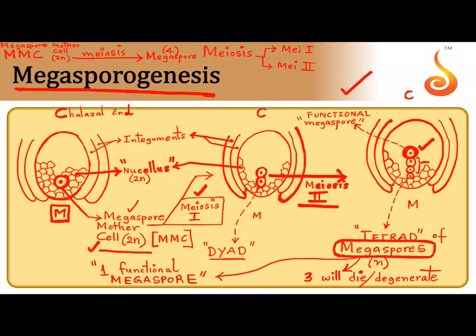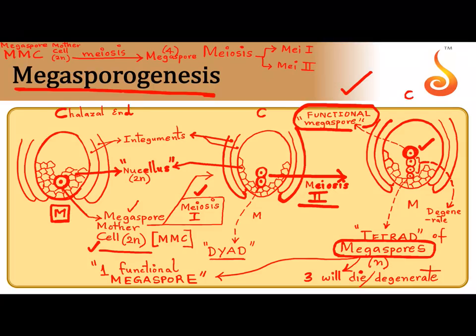So I'm going to write here also. These 3 of them, they are the ones who degenerate. The one at the chalazal end will survive. What do we call that surviving megaspore? We call it the functional megaspore.